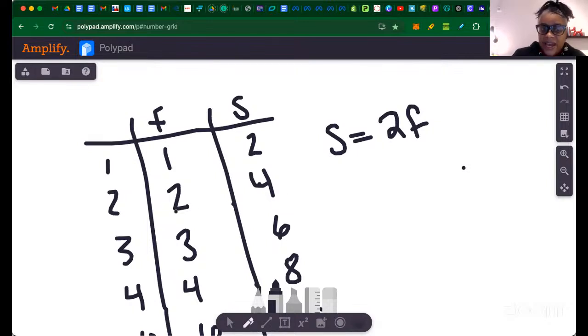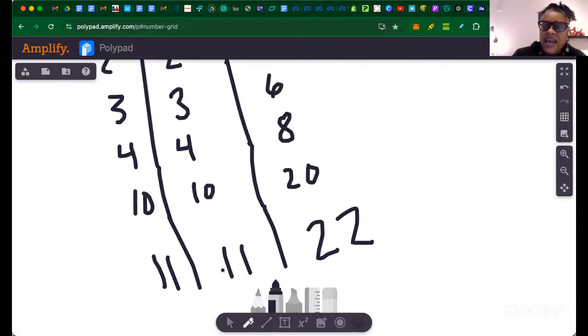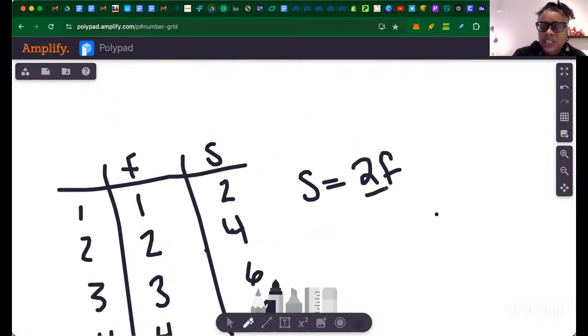If I have 2 cups of flour, I multiply by 2 to get 4 cups of sugar. If I have 11 cups of flour, I multiply by 2 to get 22 cups of sugar, because my constant of proportionality here is 2, and that's when you told me a ratio of 1 to 2. For every 1 cup of flour, 2 teaspoons of sugar.